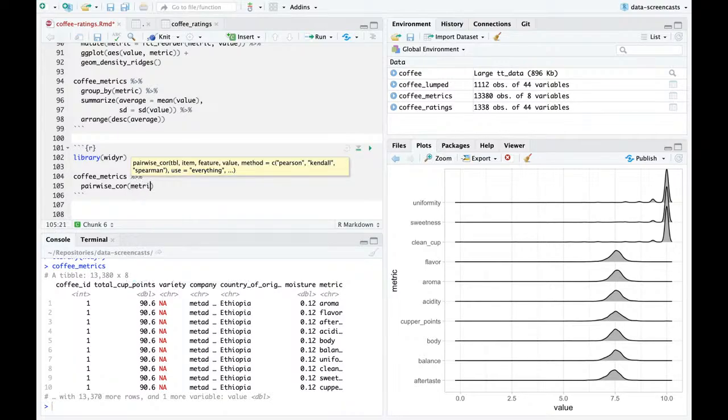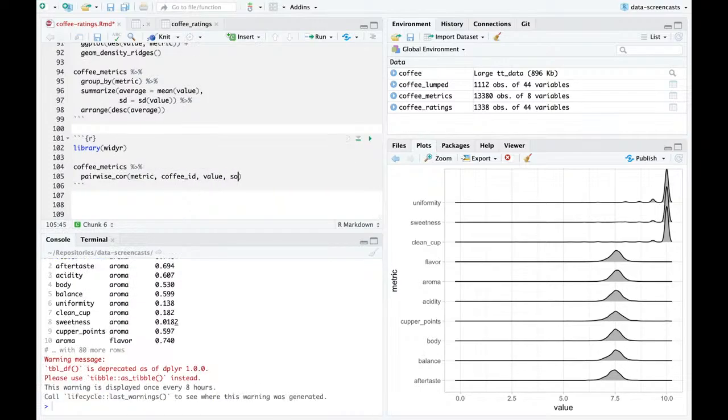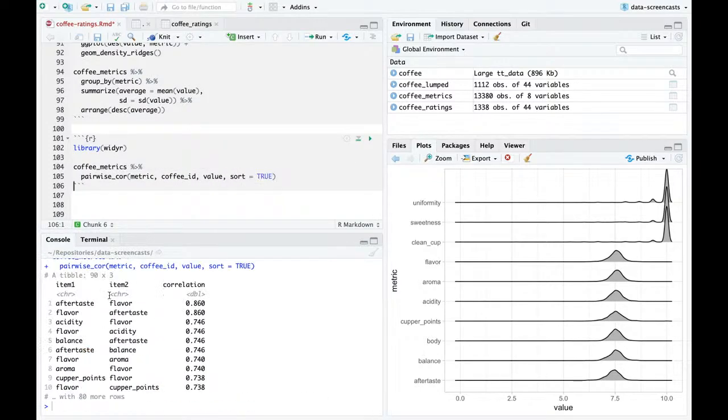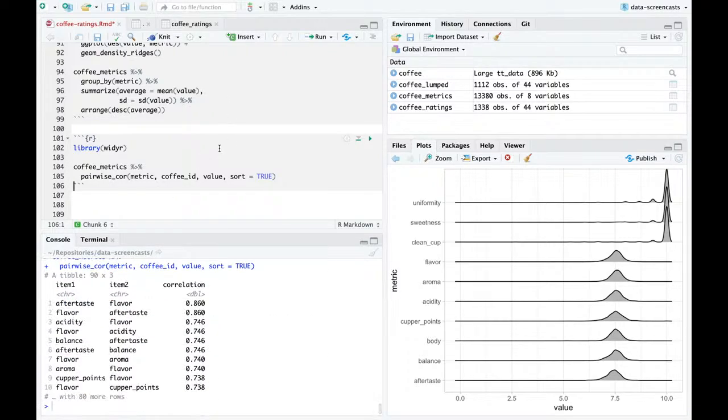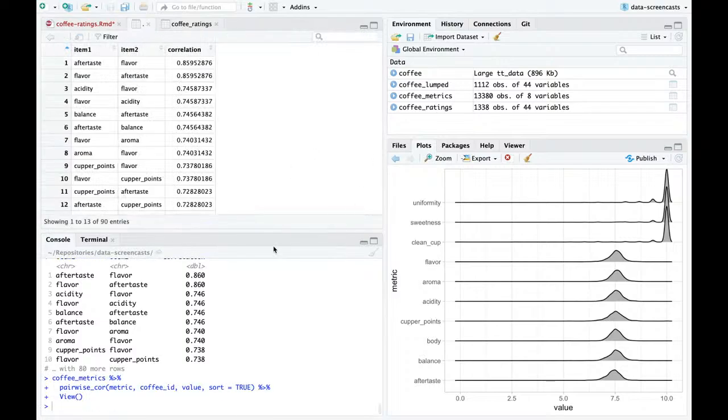Yes, correlations among metrics based on coffee ID by value. There is a function that needs to be improved because of dplyr 1.0.0. So what we see then is that aftertaste and flavor are highly correlated, as are acidity and flavor, and so on. So we can actually view this.